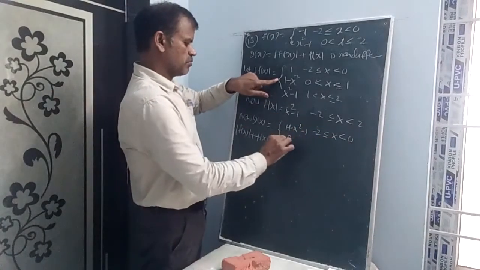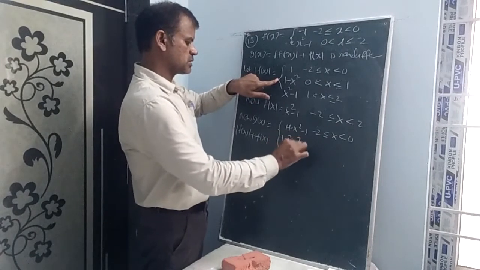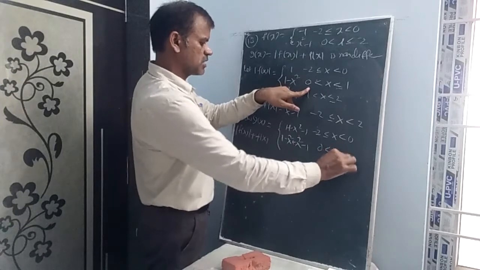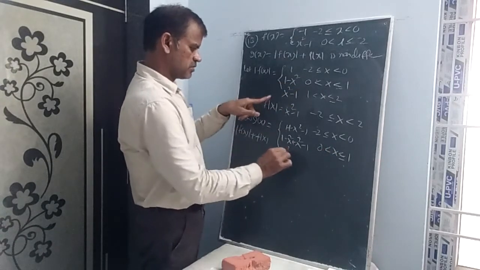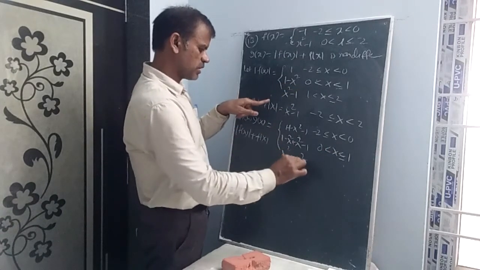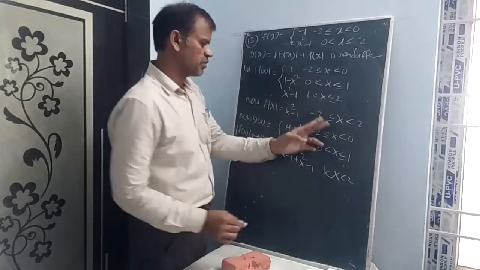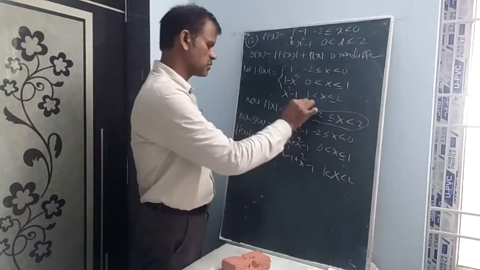Next, 1 minus x square plus x square minus 1 for 0 less than x less than or equal to 1. Next, x square minus 1 plus x square minus 1 for 1 less than x less than 2. This is valid in the interval minus 2 comma 2.